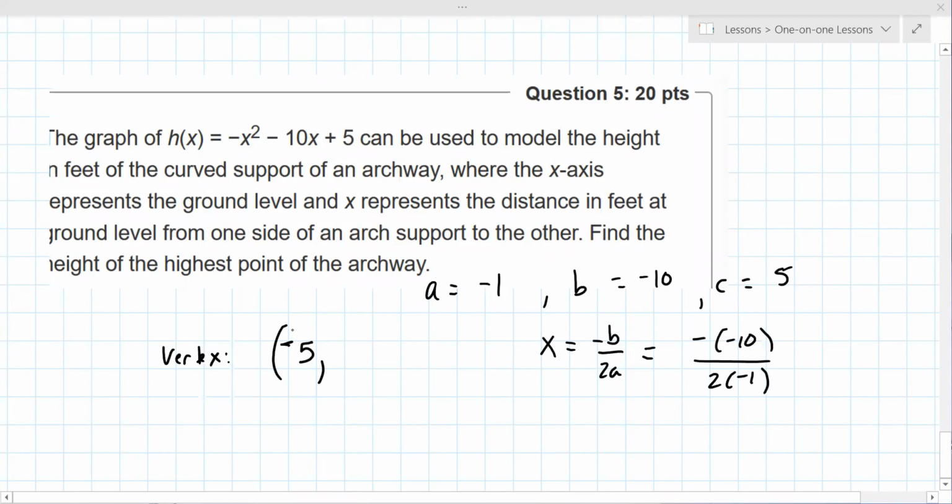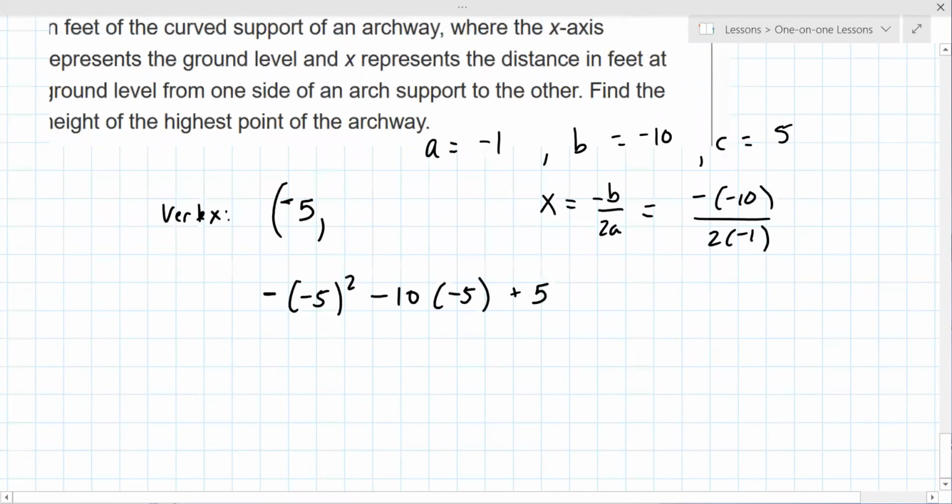My answer would be 80. Okay, so it's negative 5 squared minus 10 times -5 plus 5. So this is 25, but then you negate it. Oh, yes. This is positive 50, which plus 5.